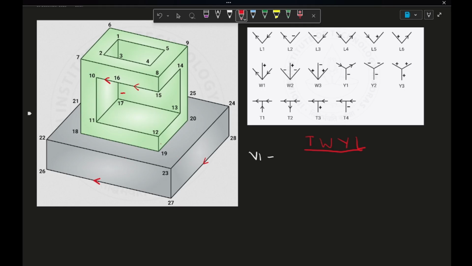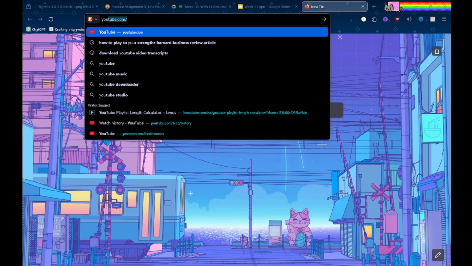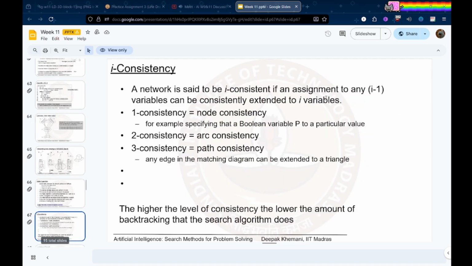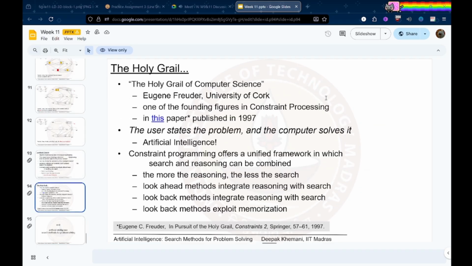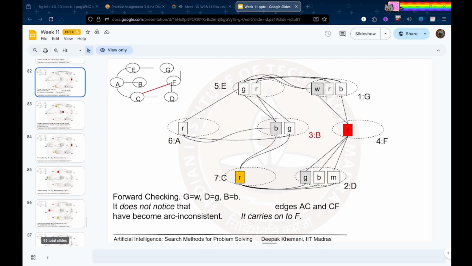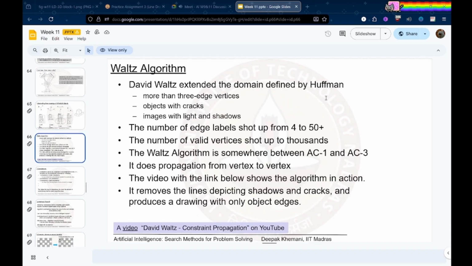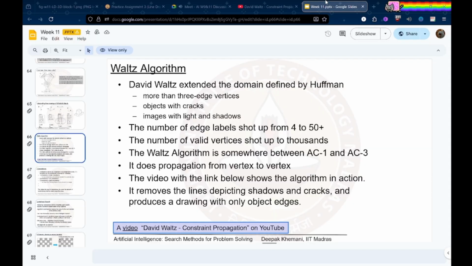So it's like trying to fix a jigsaw puzzle. Wait, please wait. I remember this video that I was trying to think about. Yeah, the Waltz algorithm. So how does this solve?